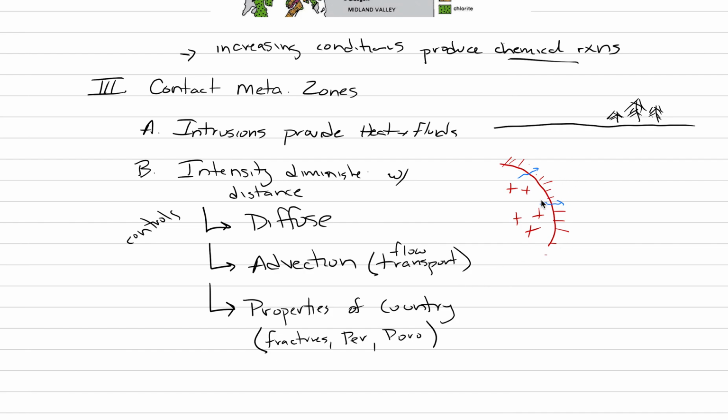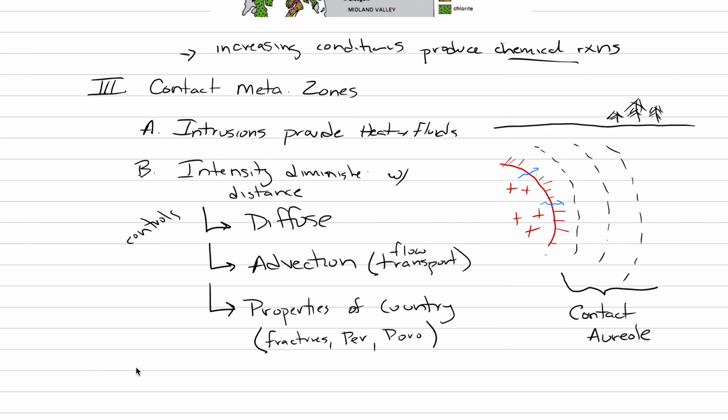And as it creates alteration, we could imagine that there are these zones of higher to lower grade alteration going away from the intrusion. The whole zone of contact is called a contact aureole. I'll spell it here. Contact aureole.